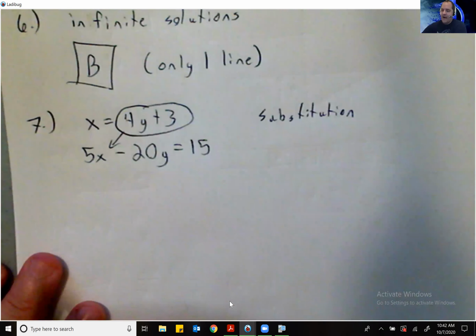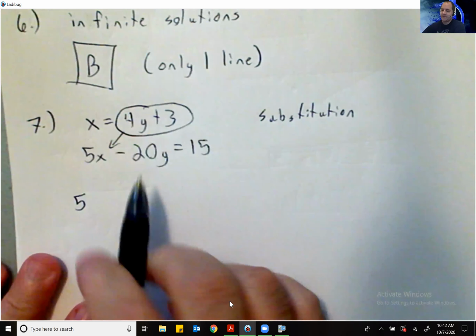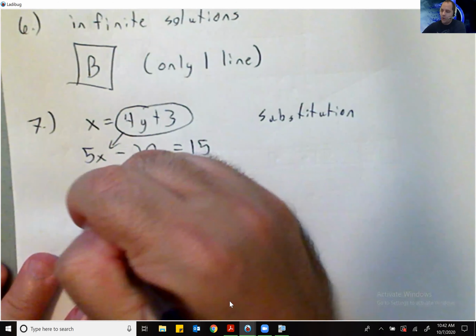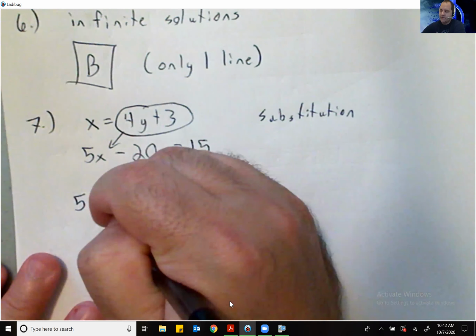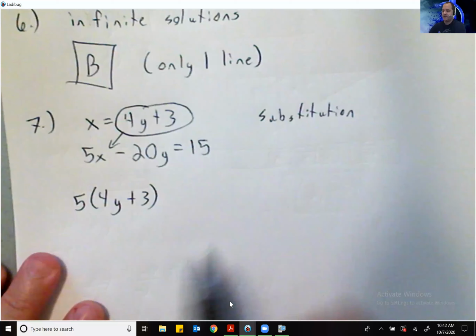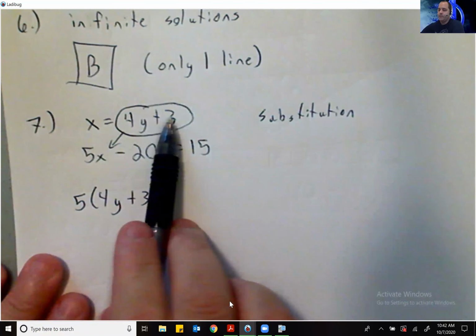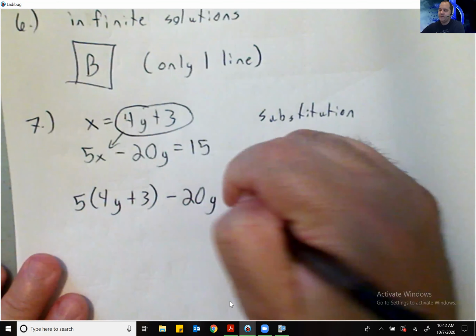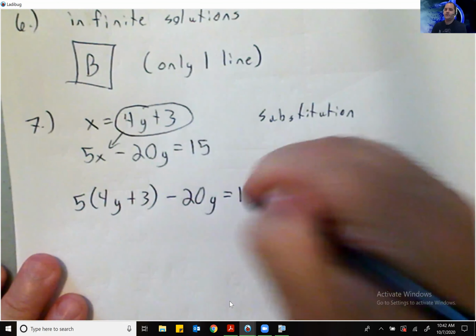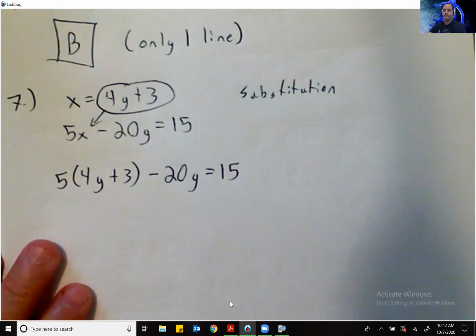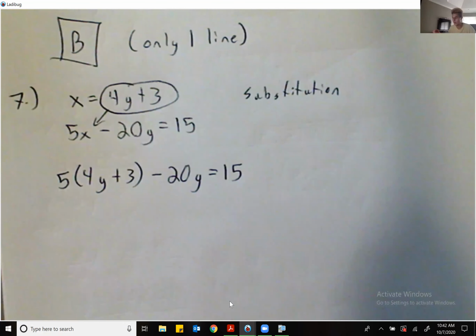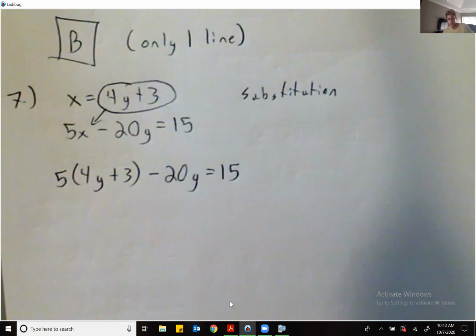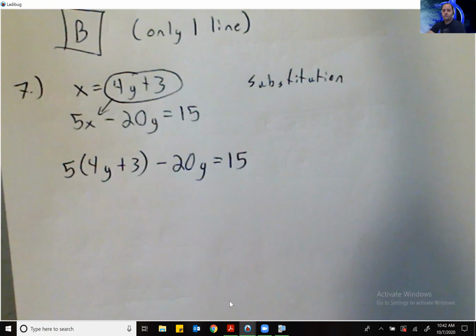So we're going to have 5 times, let's plug in x, so that's 4y plus 3, because that was x, minus 20y equals 15. So what do we do now? Multiply 5 with everything in the bracket.